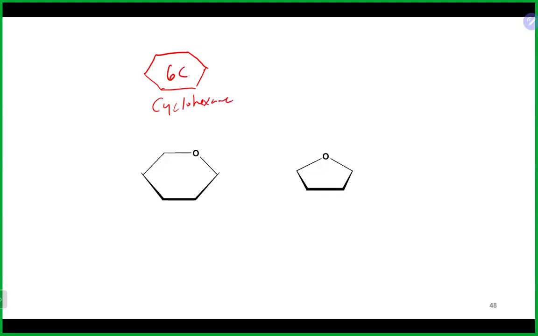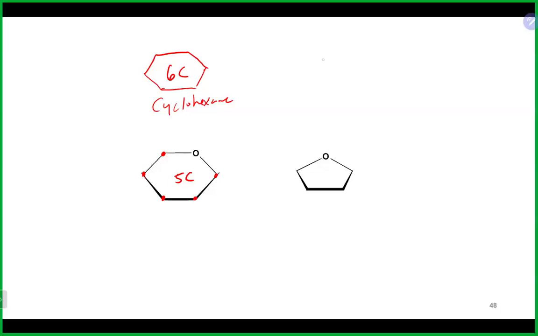But unlike cyclohexane, which actually has 6 carbons, this one only has 1, 2, 3, 4, and 5 carbons. So it is a 5 carbon ring. Where the 6 carbon chain comes together at both ends, it incorporates an oxygen into the ring rather than a carbon.